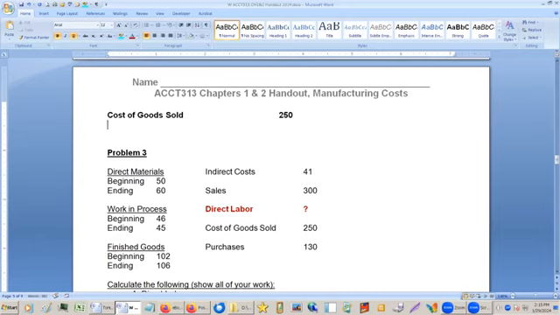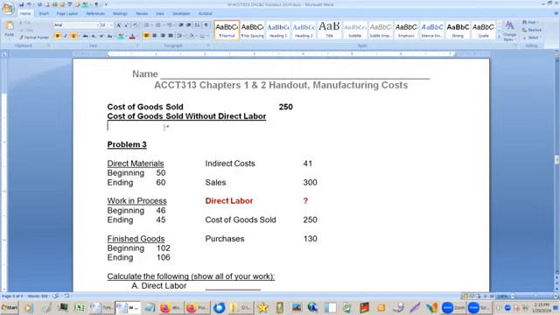I'm going to calculate the cost of goods sold without direct labor. And the difference here should be our direct labor. I'm going to subtract that out. Let me make a little more room here.